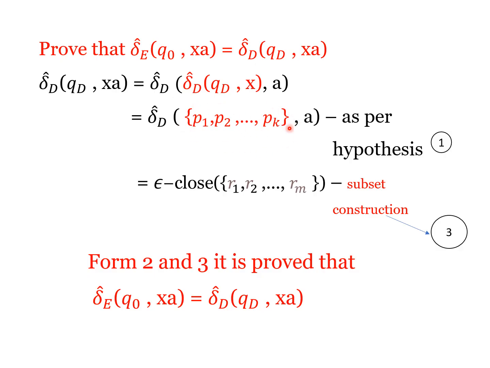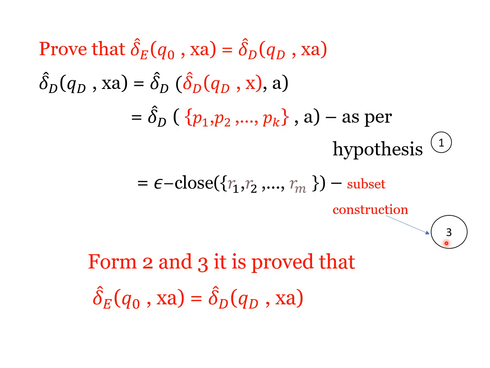And how we obtain the resultant set is, we want to find what is P1, A, what is P2, A, and where the state goes. If we take the epsilon closure of that in the epsilon NFA, that is, taking the epsilon closure of the transitions of P1, A, P2, A, etc. up to Pk, A in the epsilon NFA, gives you the state for del D.